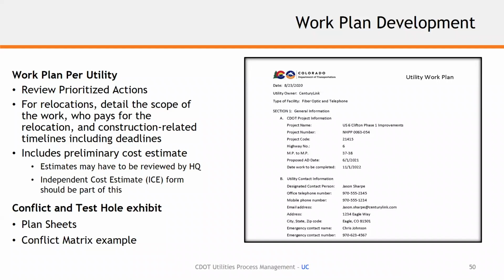Of course, we really need to start getting estimates from the utility companies based on this conflict analysis and their redesign and relocation plans. We need that independent cost estimate filled out, and we have examples of what we expect on that side of it. We'll show here in a little bit for contracting purposes.